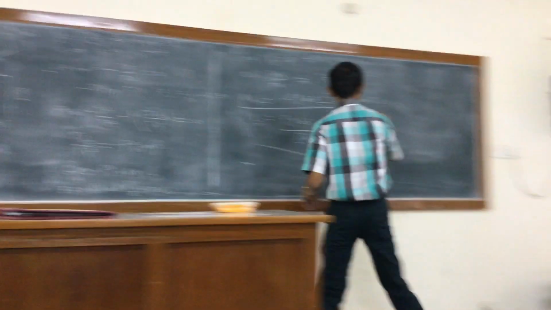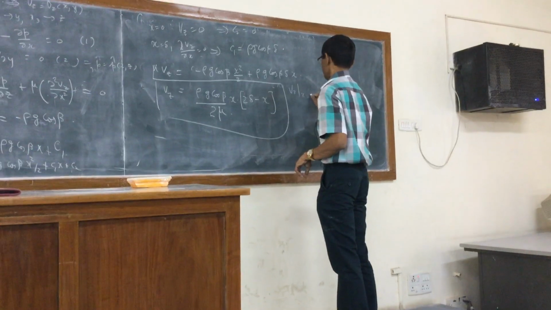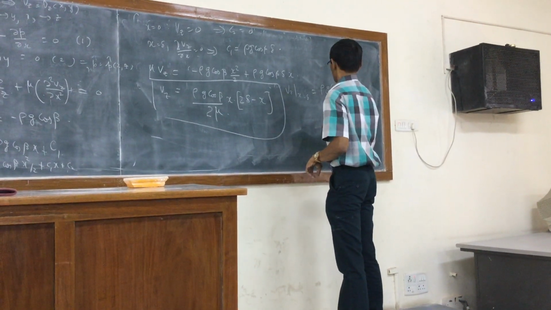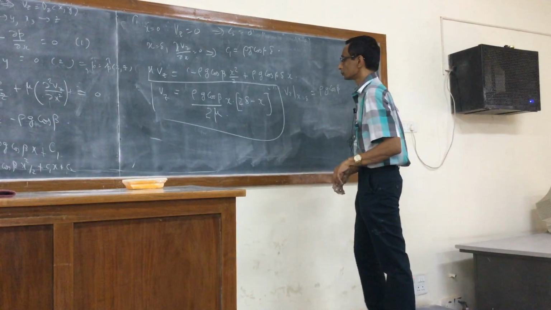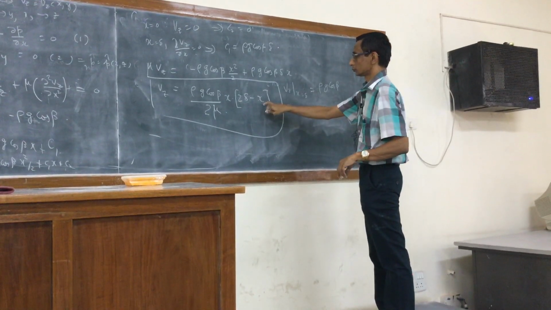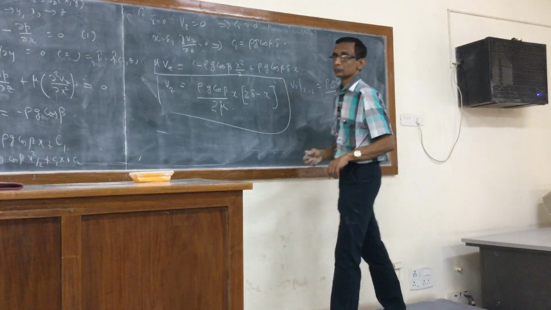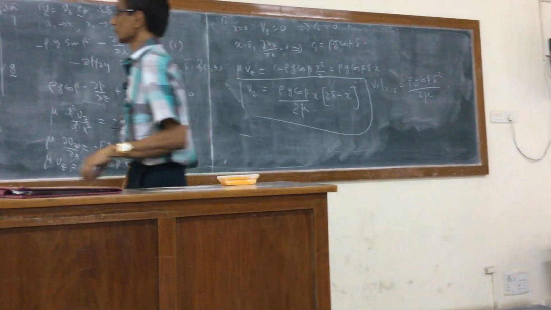So the Vz at x equal to delta is given by this, so that will be the maximum value.